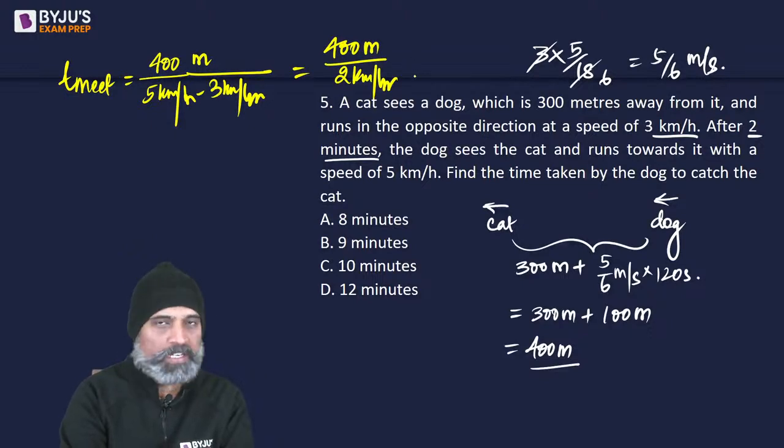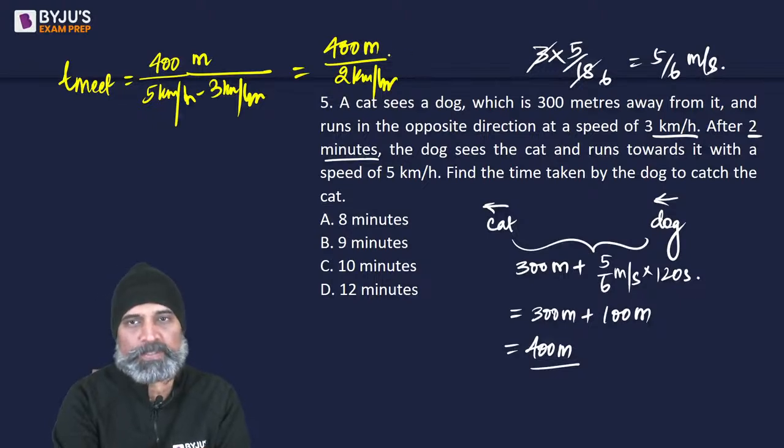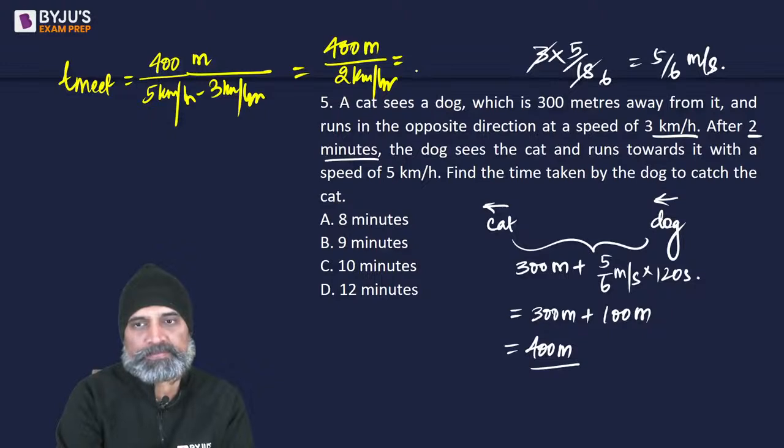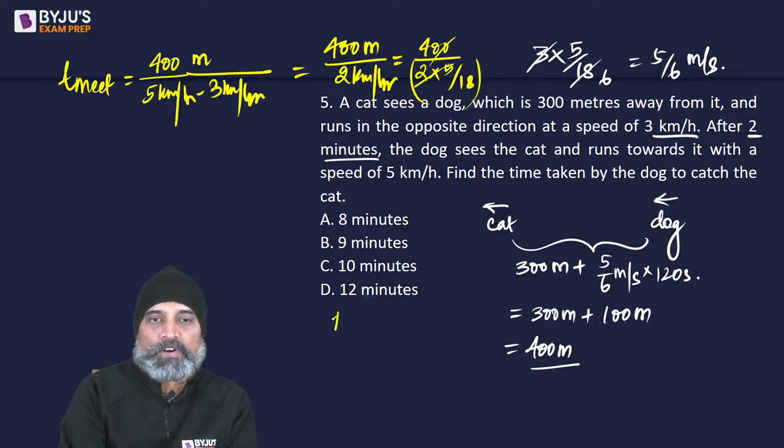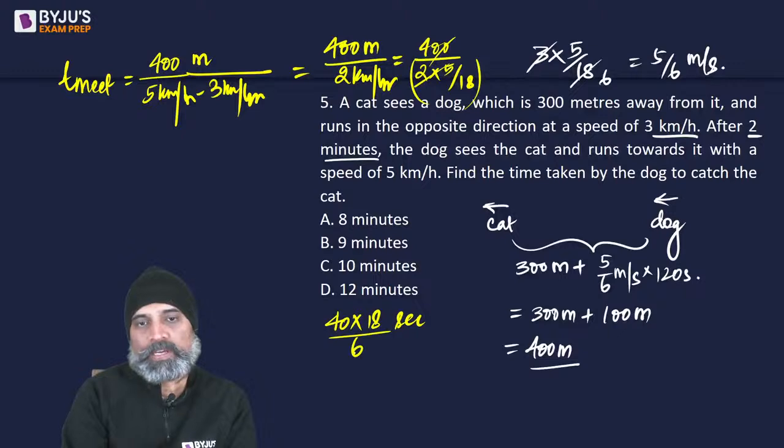Same logic. Let's convert kilometer per hour into meter per second. So this is going to give us 400 divided by 2 times 5 by 18. So 2 into 5 will take care of 1, and we will have 40 into 18, right? 40 into 18 seconds, which is going to become, if I divide it by 60, into minutes.